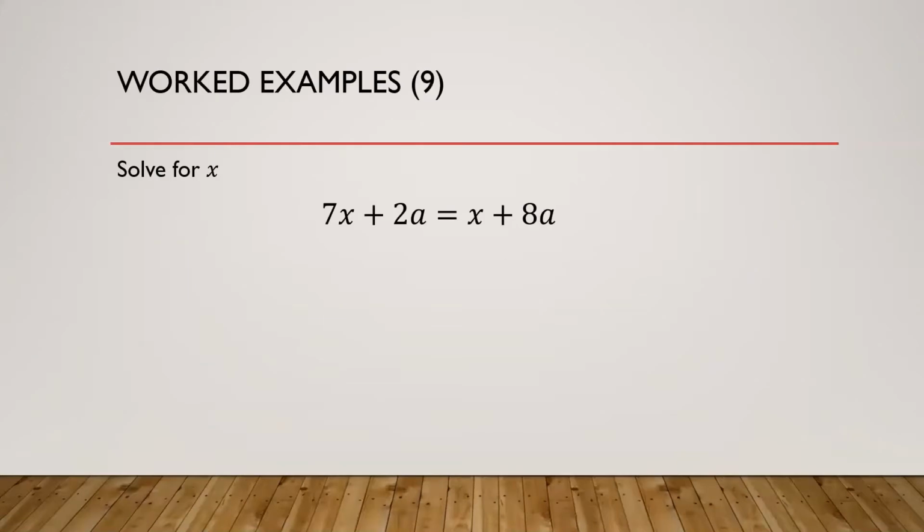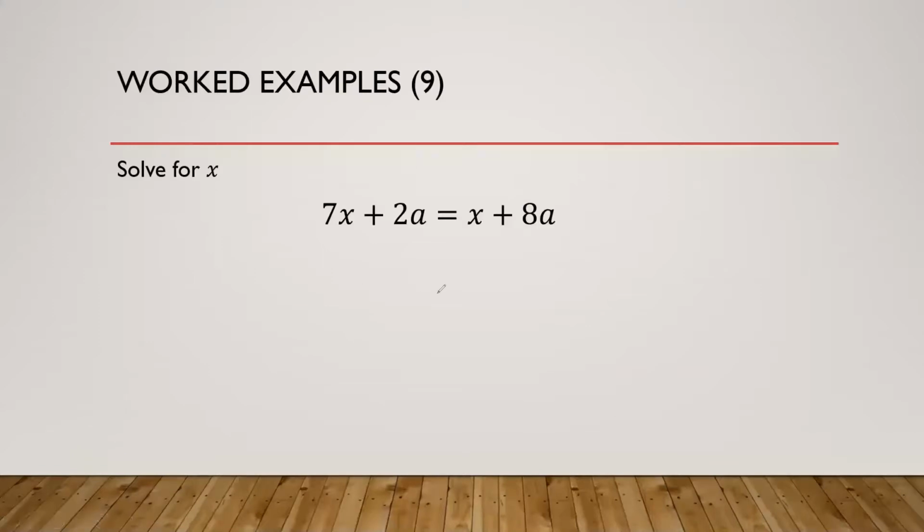So we're not solving for A, we're solving for X. So we're going to behave as if A is a constant. We're fixing A. We're not trying to find the value of it. So we're solving for X. Okay, let's go ahead and do that.